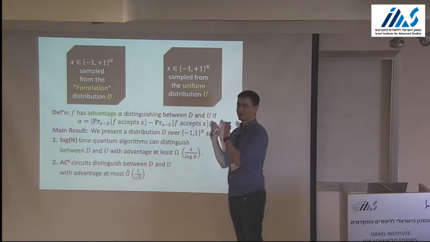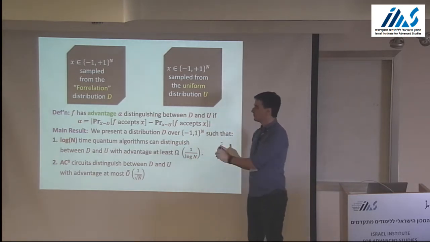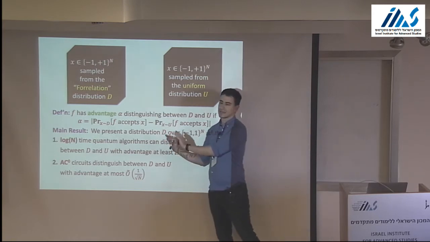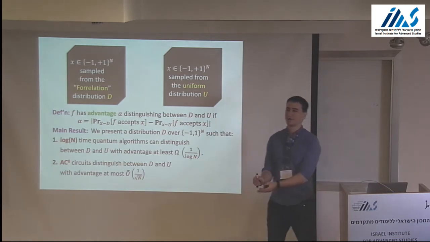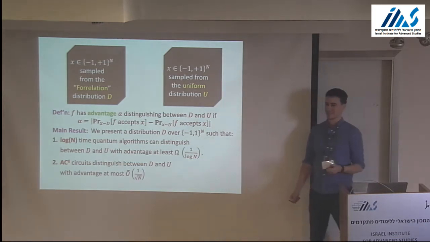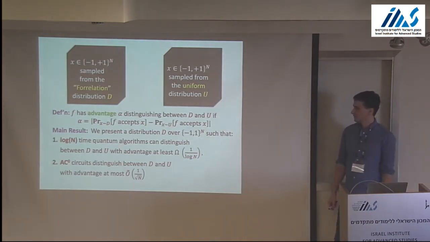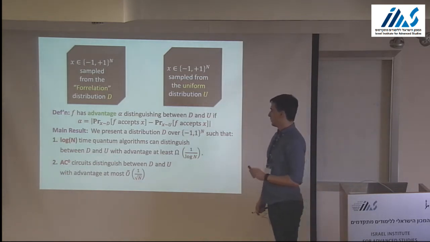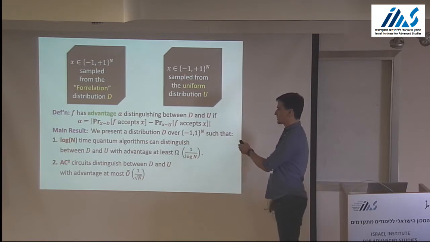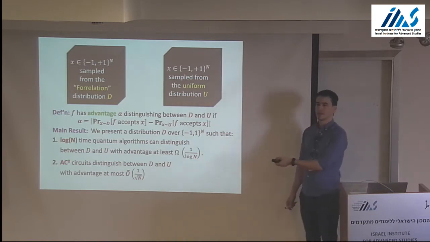AC0, I will show you very explicitly what I mean, but just think of it as some class of circuits that you will see in the next few slides. Okay, so that will be our goal, and based on this result, I claim that we get the oracle separation.